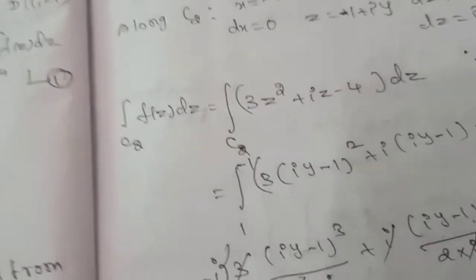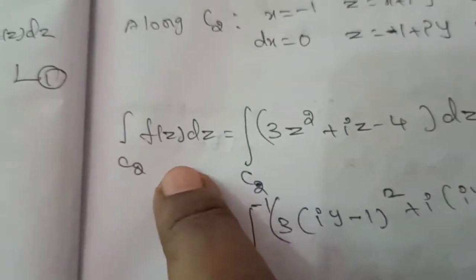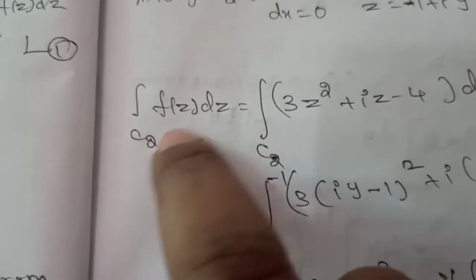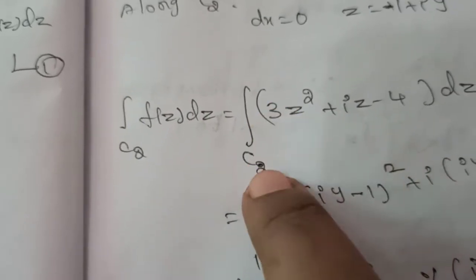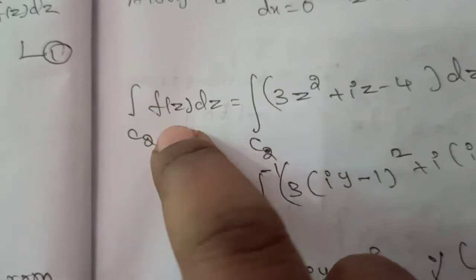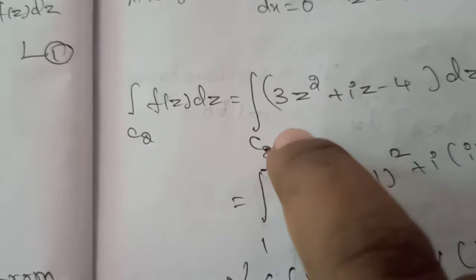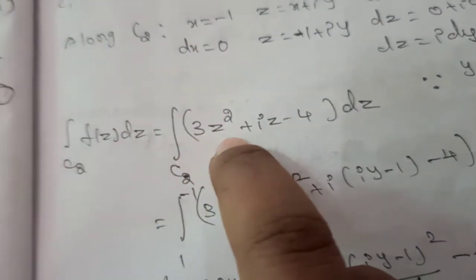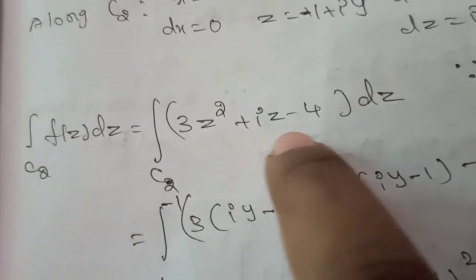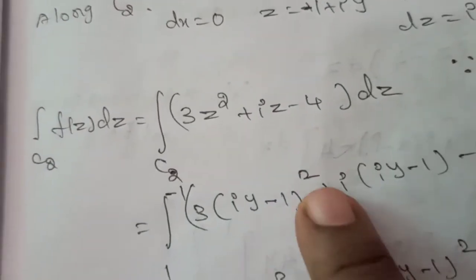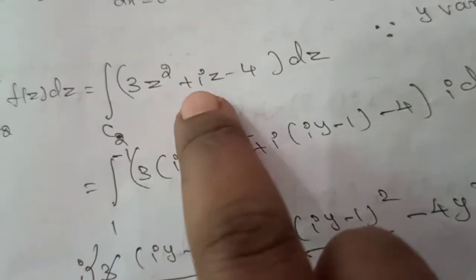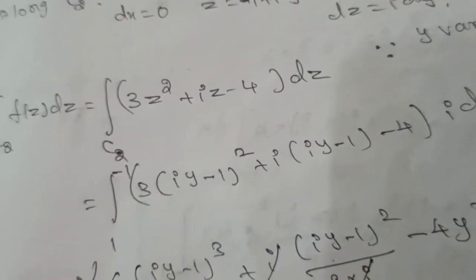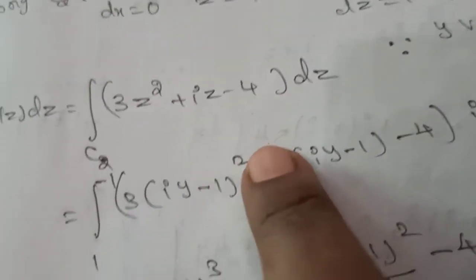Okay, and next you take the integral along C2. Along C2, the integral of f of z dz equals the integration over C2 of, substituting the f of z value given in the problem, 3z square plus iz minus 4 into dz. Next we replace the z value by the x and y variables.